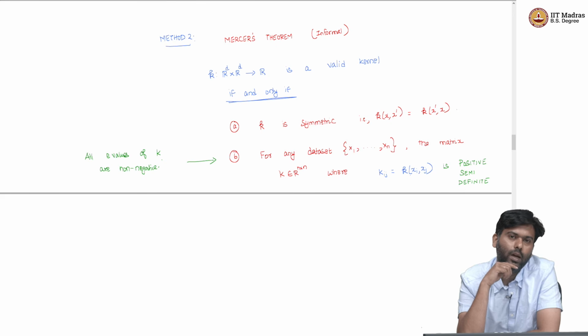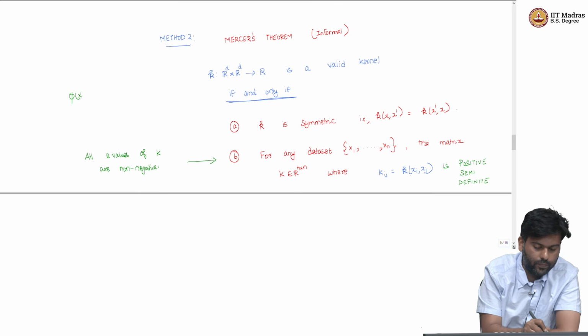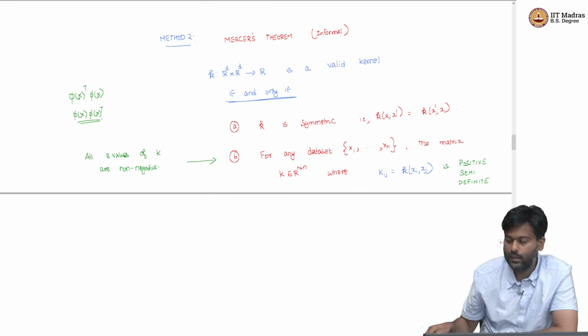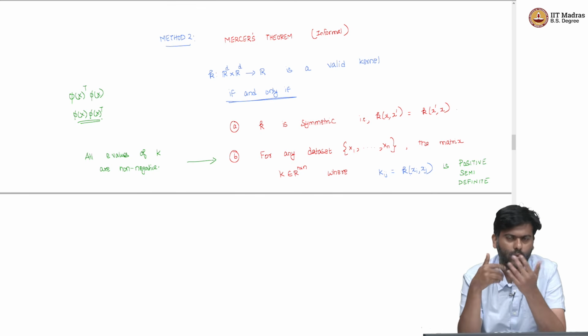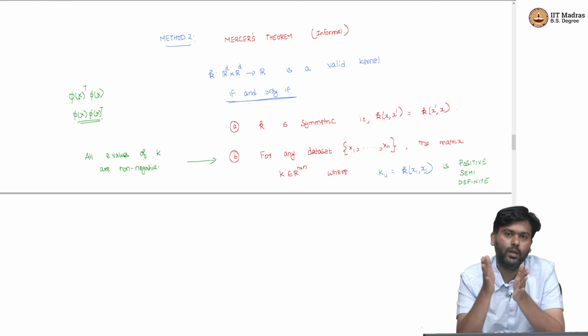Now, if you look at the eigenvalues of this, we know that the non-zero eigenvalues of phi of x transpose phi of x are the same as the non-zero eigenvalues of phi of x into phi of x transpose. But then this is just a covariance matrix, or the scaled covariance matrix, in the higher dimensional space. And we know that the scaled covariance matrix has the property that all eigenvalues are non-negative, right.